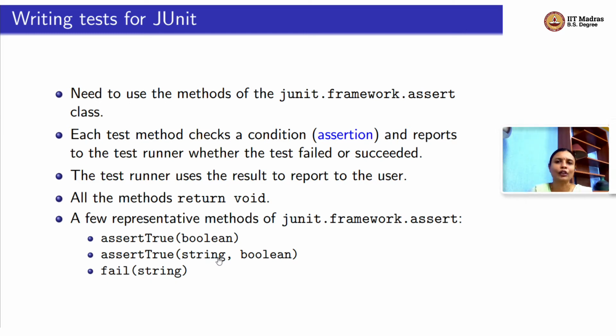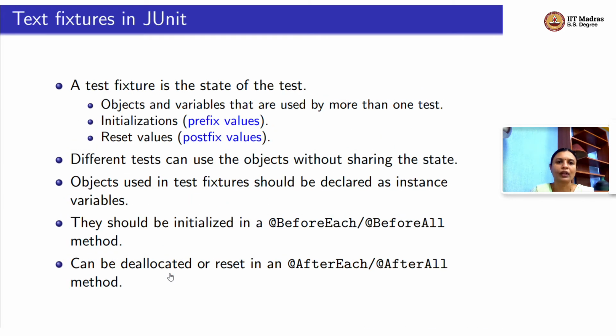It's just a comment that you add, which will be displayed in the console, so that as a tester you can understand whether the assertion passed or failed. This is another kind of assertion. It just says fail. It means that if something fails, then you output a message that the string contains. We'll see some examples as we move on.